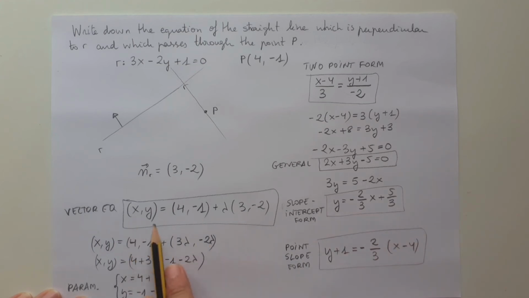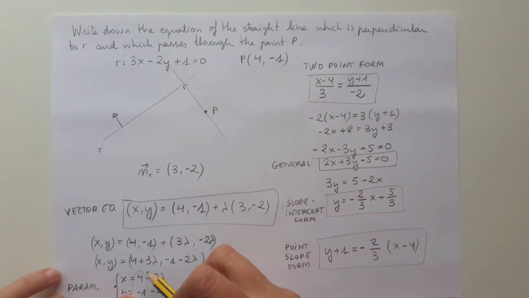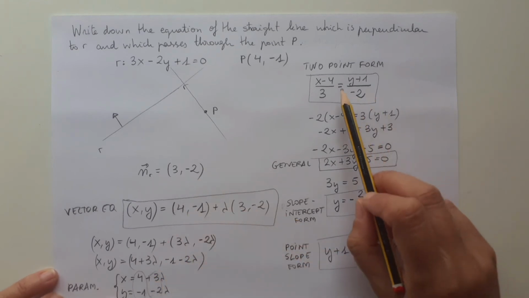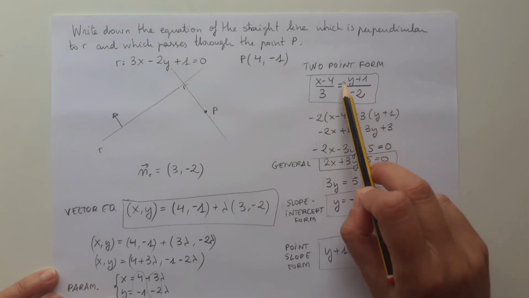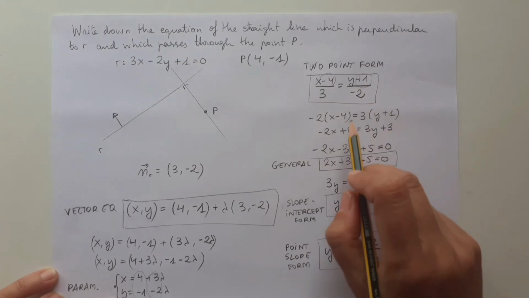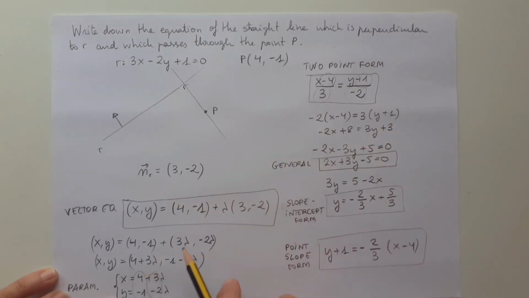Vector equation, this is the first step we did and you know how to do it. Then parametric, look here, you can recognize the point that my line passes through, which is 4 and negative 1. And here you can recognize the directional vector, which is here. In the two-point form, here I have the coordinates of the point, but with the opposite sign. You can check it. And here, in the denominators, you have the vector of the line.